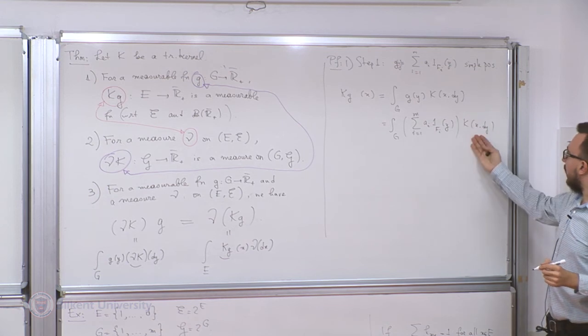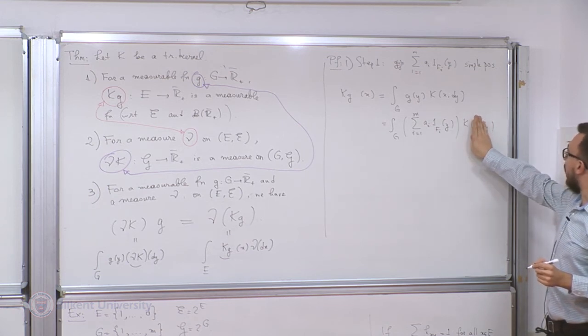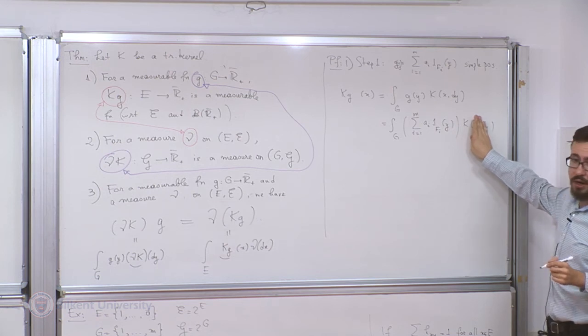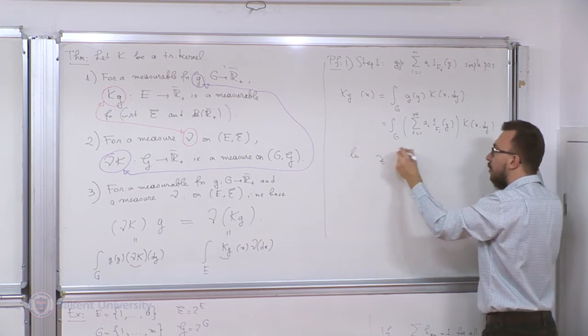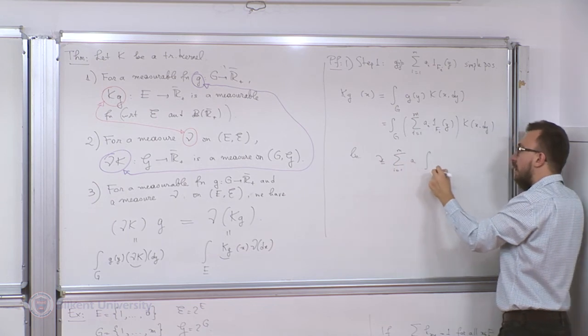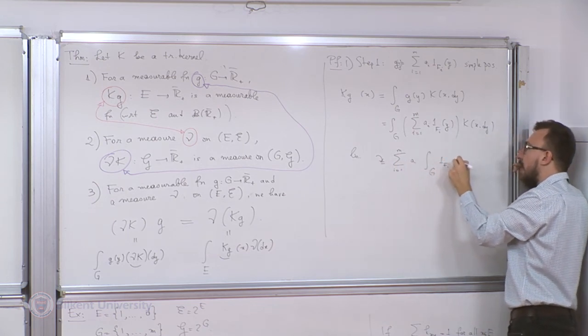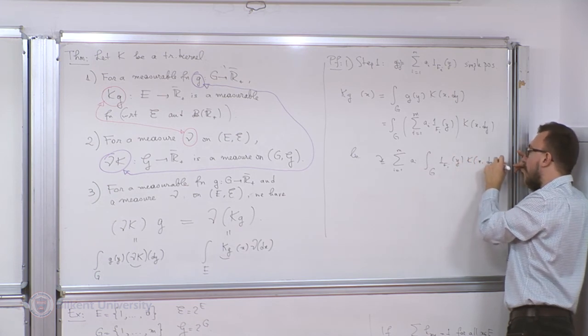Now, for fixed x, this is just an integral with respect to a measure. And we can use the linearity of the integral to swap the order and write it as the integral of the indicator of fi with respect to kx dy.